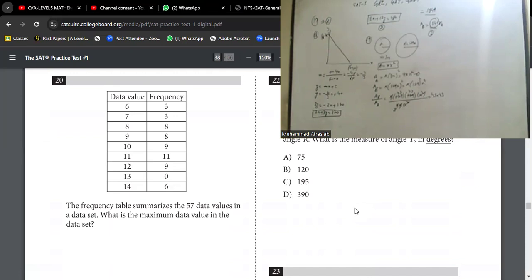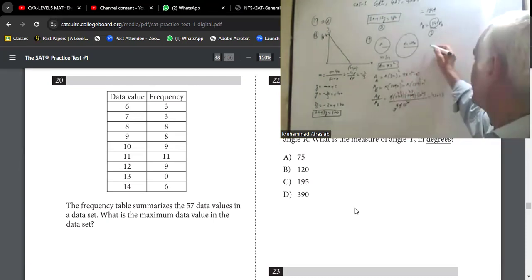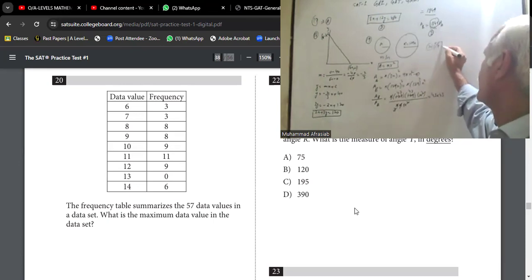So in this data set, 6 has 3 frequencies, 7 has 3, 8 has 8, 9 has 8, 10 has 9, 11 has 11, 12 has 9, 13 has 0, and 14 has 6 frequencies. So the maximum data value is 14.